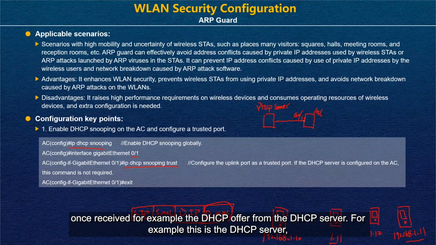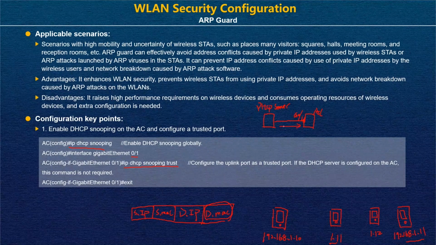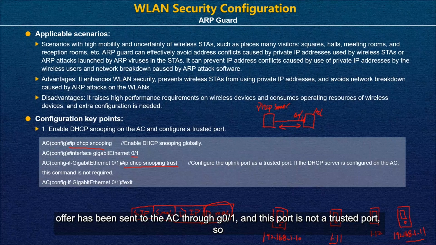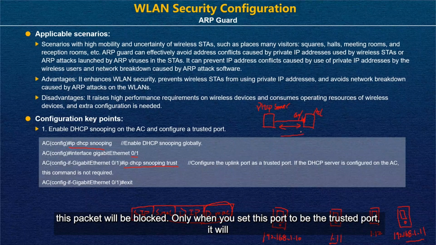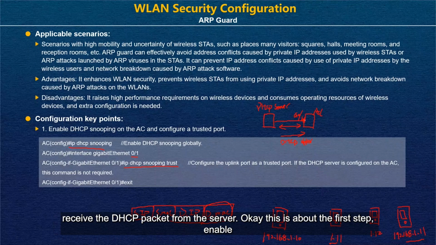And once the AC receives, for example, a DHCP offer from the DHCP server through G0/0/1, and this port is not a trusted port, this packet will be blocked. Okay, only when you set this port to be the trusted port, it will receive the DHCP packets from the server. Okay, this is about the first step.